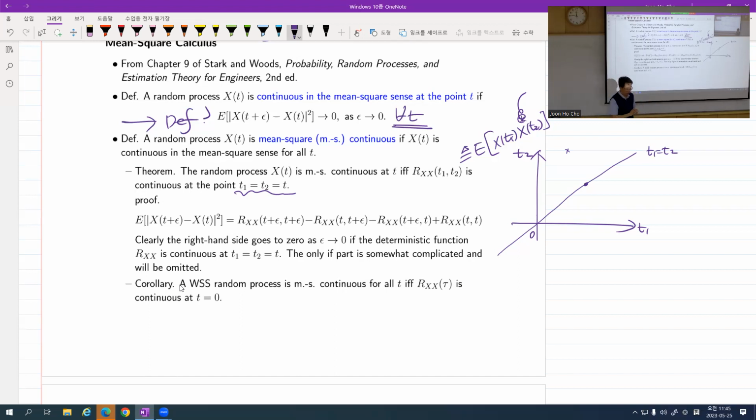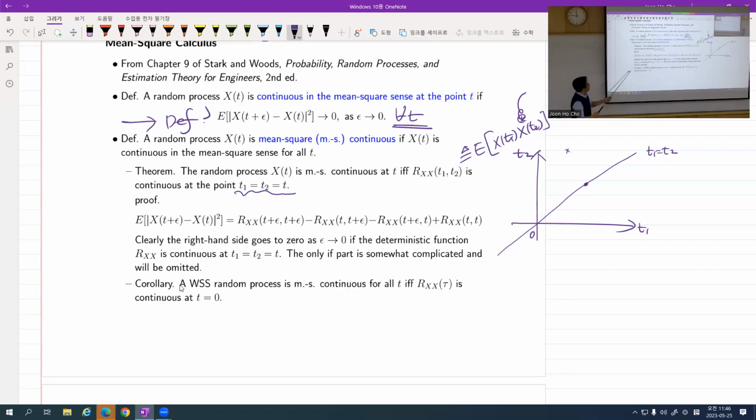And probably some of you wondered why this course and almost every random process course talks about the autocorrelation function, cross-correlation function, and covariance function repeatedly. It is because of this. Also, as I told you, in statistical inference, especially when you make estimation, you usually use mean square error minimization. That's why mean square calculus is important, and the autocorrelation function is important. Ready?